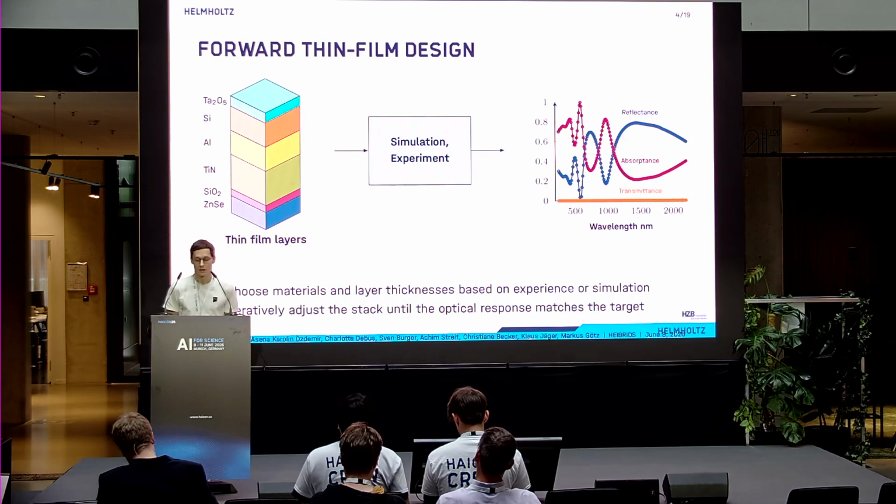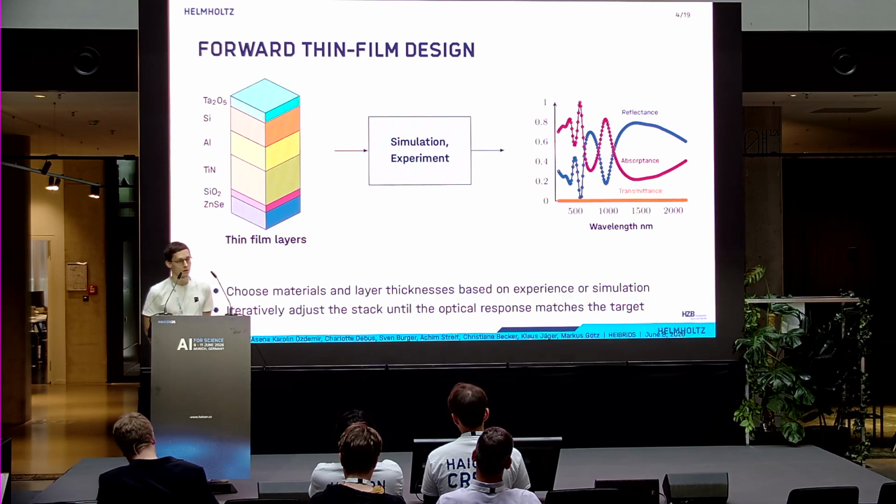So to start with, the problem of thin film inverse design. First, the forward problem: we have some sort of material stack, so layers of materials with certain thicknesses. You can simulate them or fabricate them and measure them and get out a spectrum. Here we have 3 channels: reflectance, absorptance, and transmittance.